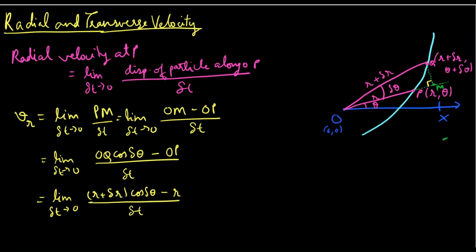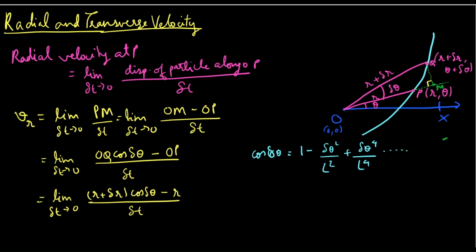Now the expansion of cos theta is as follows. Let me write the expansion of cos del theta only. It will be given as 1 minus del theta square over 2 factorial plus del theta to the power 4 over 4 factorial and so on.